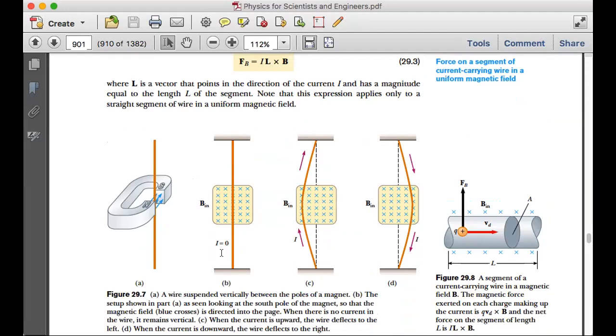And then if I is not equal to 0, the wire will bend like this. If the direction of I is from down to up, it will bend to the left. And if the current is the other way around, from up to down, it will bend to the right.